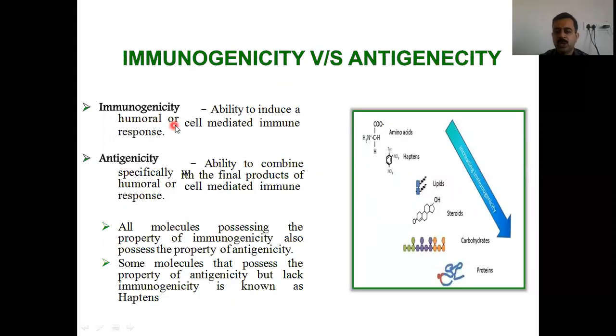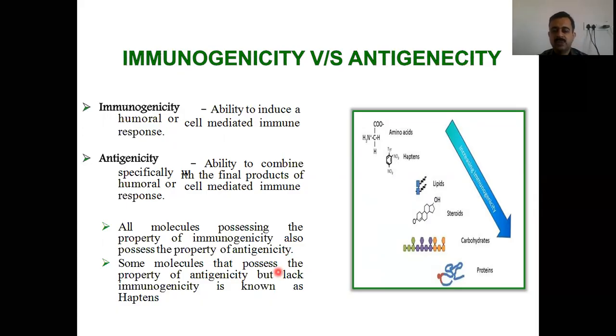The ability to induce a humoral or cell-mediated immune response is called immunogenicity. Antigenicity is the ability to combine specifically with the final product of the humoral or cell-mediated immune response. All molecules that possess immunogenicity also possess antigenicity.